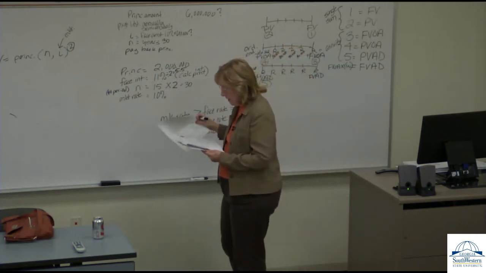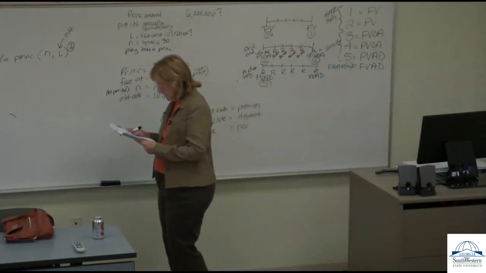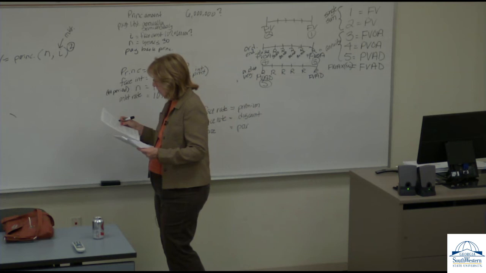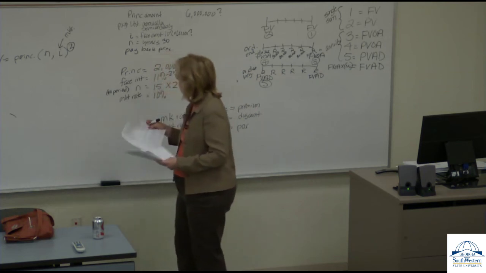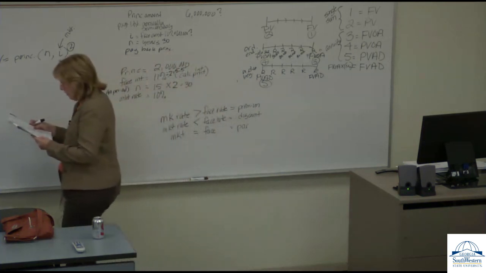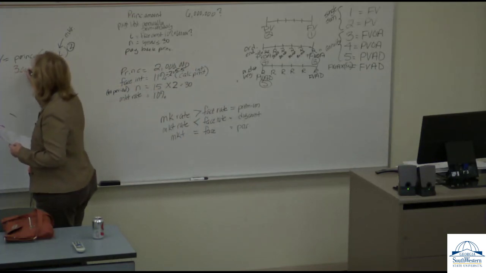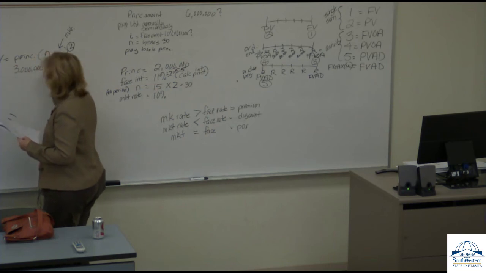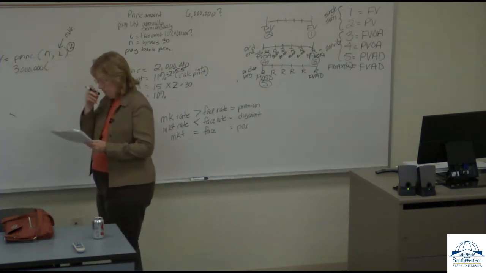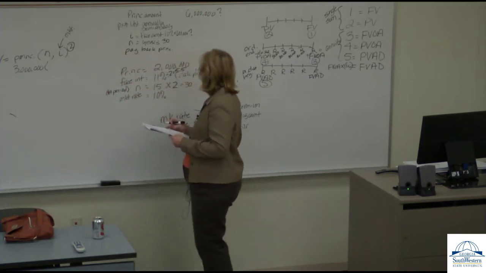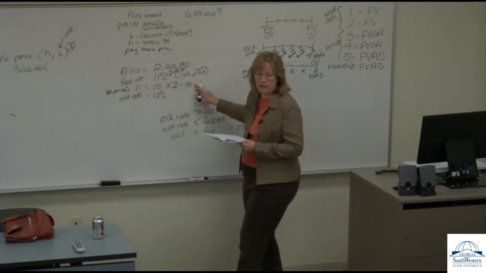So I think we can fill in all the blanks here. All right, so our principal amount is $3 million. Our N is 30, right?